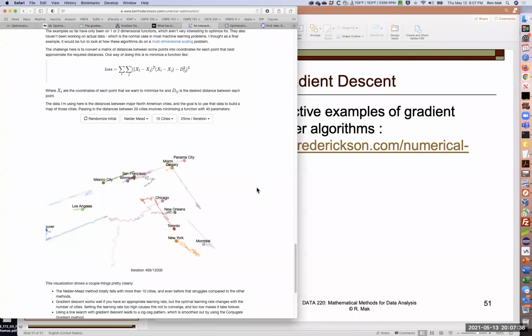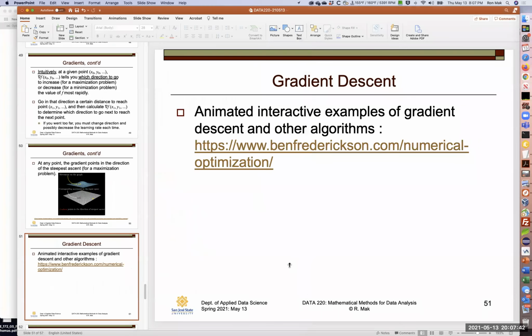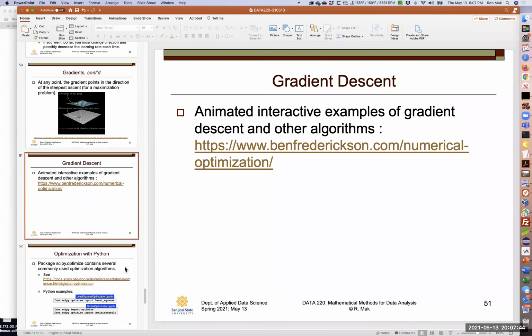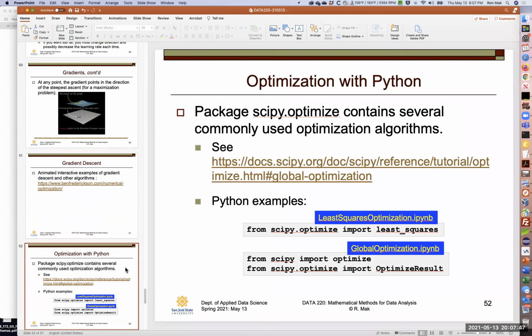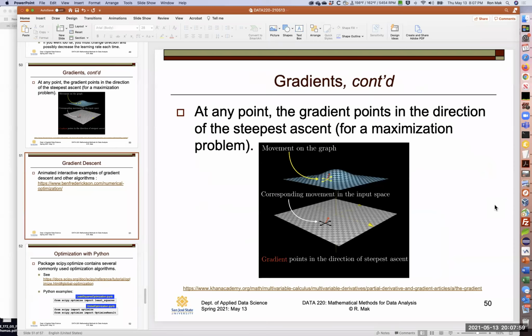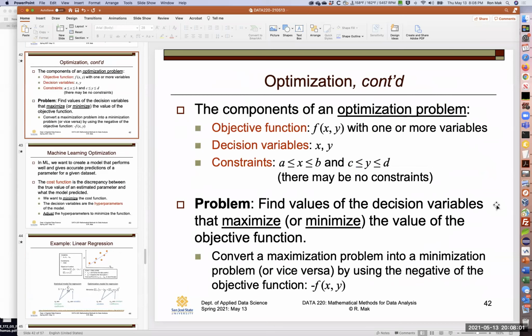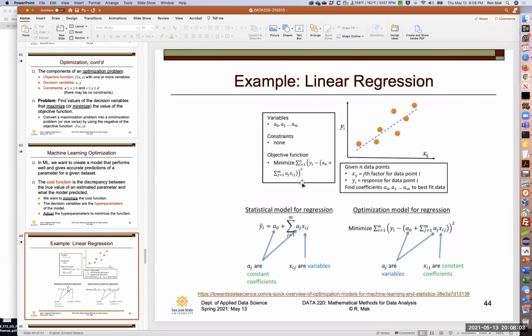Okay. All right, so these are examples of doing optimization. Now I said I was going to show you some code. Okay, and okay, Python. All right, now there are several libraries here. Now to do least squares optimization. That was the first example that I showed you, right? We're going to optimize this least squares function.